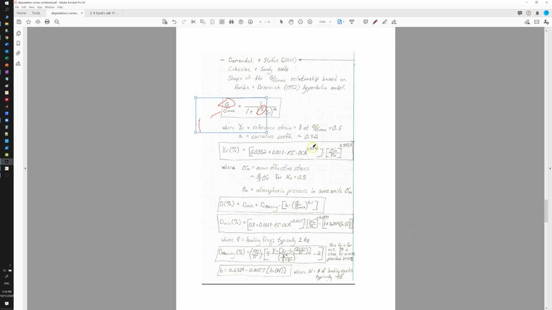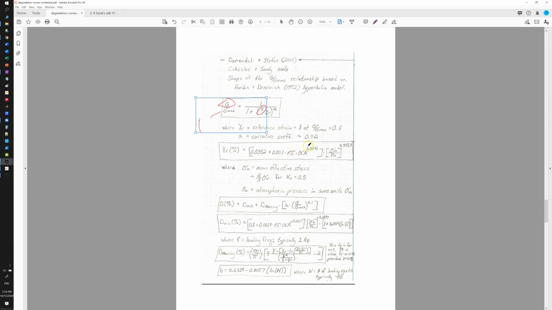So the Gmax is from the field, and a is a curve fitting parameter, and the gamma r right there is the reference strain, which is based on these equations. And this is based on both PI, plasticity index, and the stress history, OCR.